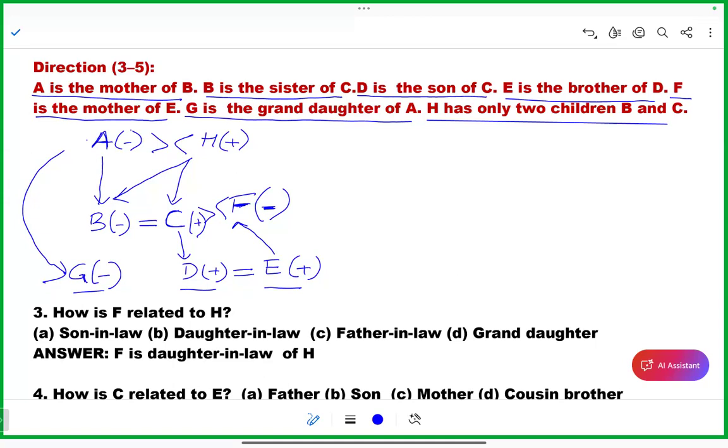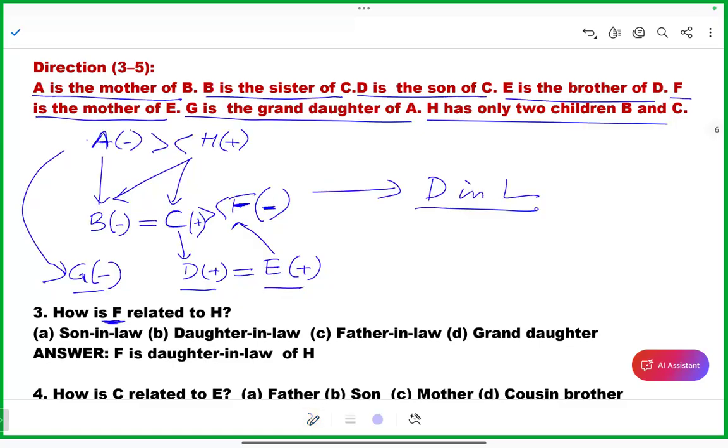H is the father-in-law, yes. But the question is, they are asking how is F related to H? So F is the daughter-in-law. Your spouse's father is your father-in-law. So yes, that is clear, I think.